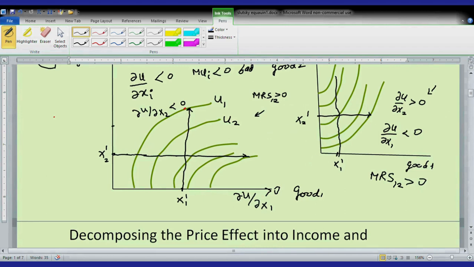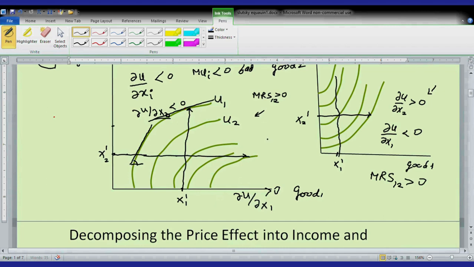So to see this, look at what is happening to the slope of the indifference curve as the consumption of the good plotted along the horizontal axis, in this case good 1, increases. The slope of the indifference curve becomes smaller, and this is because the slope of the indifference curve is the marginal rate of substitution. This means that while the marginal rate of substitution is positive, it is decreasing with the increase in consumption of good 1.